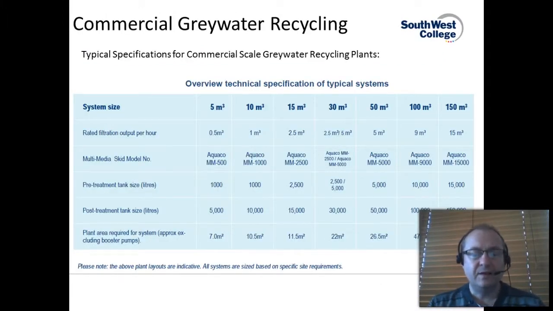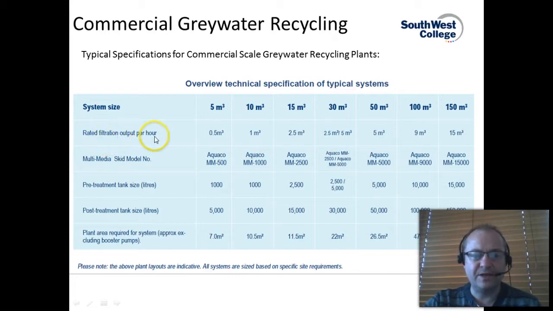So we've seen the large commercial application of greywater recycling. Systems also come in typical standard system sizes, and the table here shows you an overview of the technical specification of typical system sizes. They're rated in their volume capacity, so 5 meters cubed, 10, etc., up to 150 meters cubed.